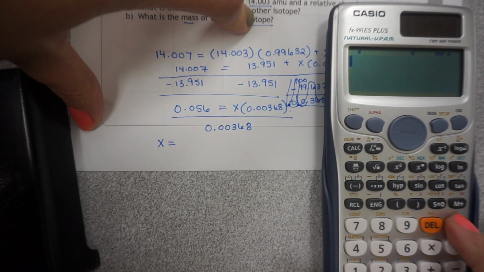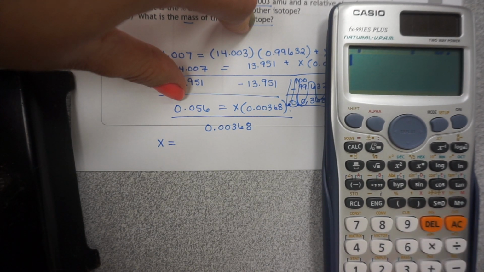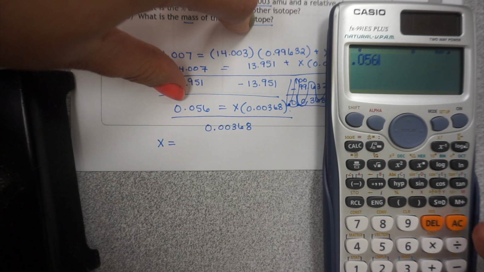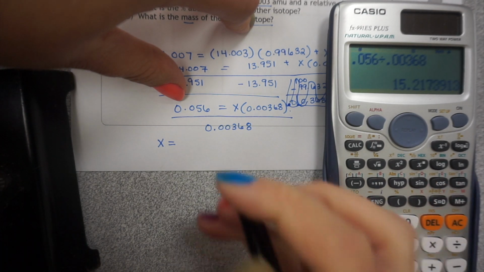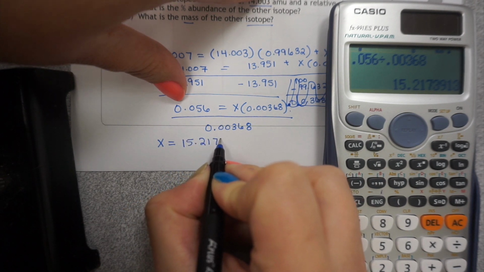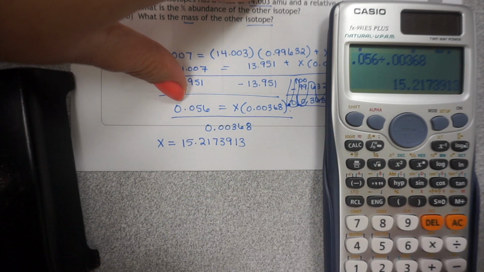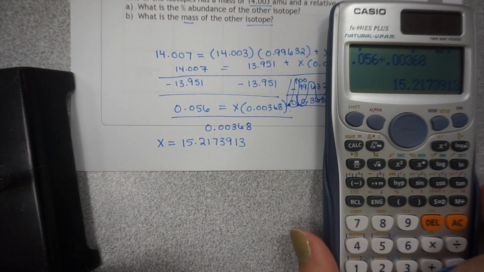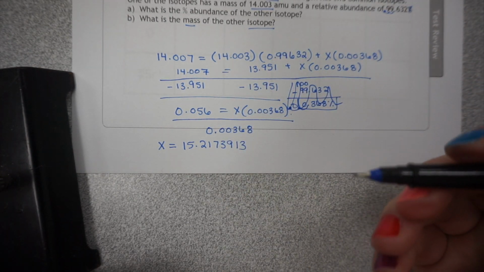Okay. All right, so we're going to do 0.056 divided by 0.00368 equals, okay, so it equals 15.21739113 is what my calculator says, but that's not okay because we need to take into consideration significant figures.